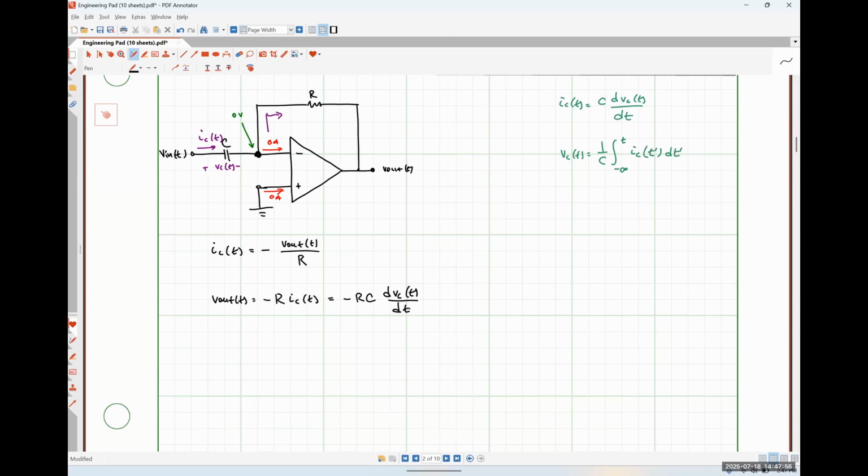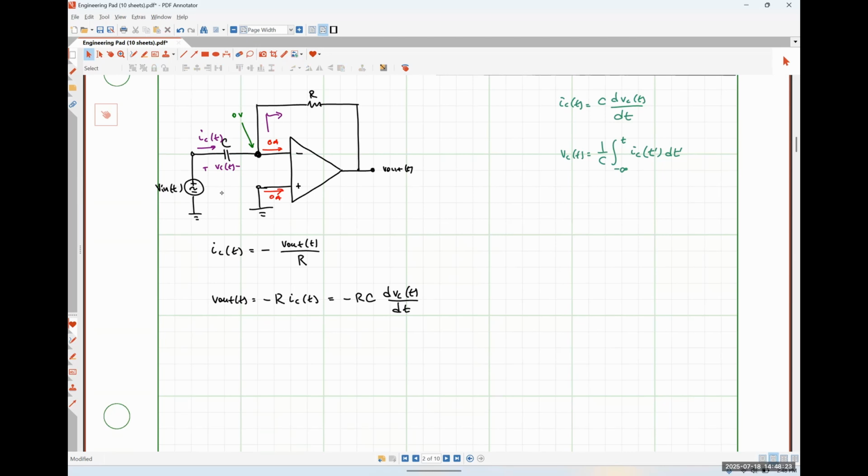So now I need to figure out how the capacitor voltage relates to my input voltage. Okay. So in order to make this a little easier to understand, I'm going to draw my input signal as a full-on voltage source, like so.